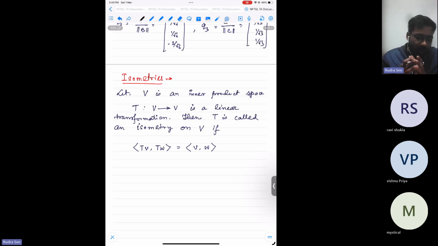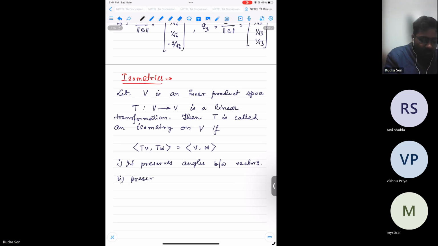So the angle between V and W and the angle between TV and TW are the same. There is no change in the angle, and also the length never changes. So it preserves angles between vectors and preserves length.